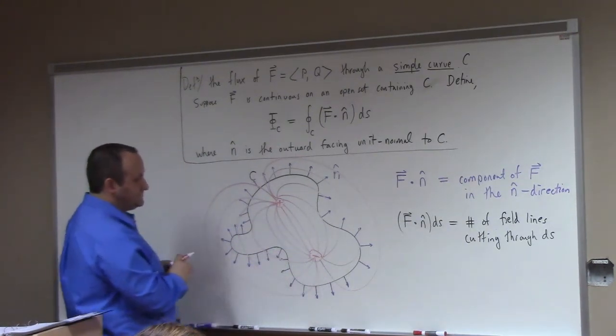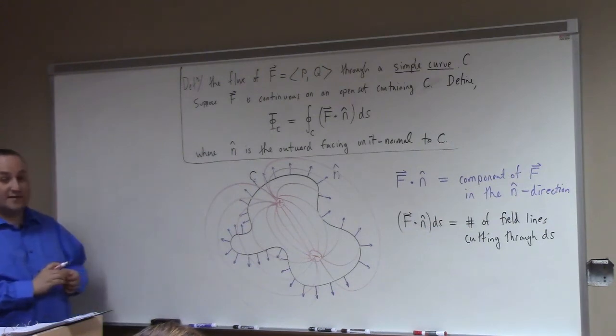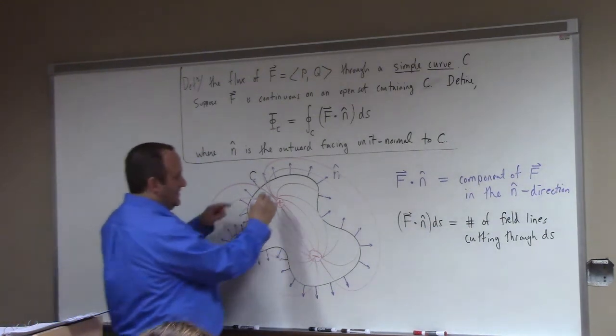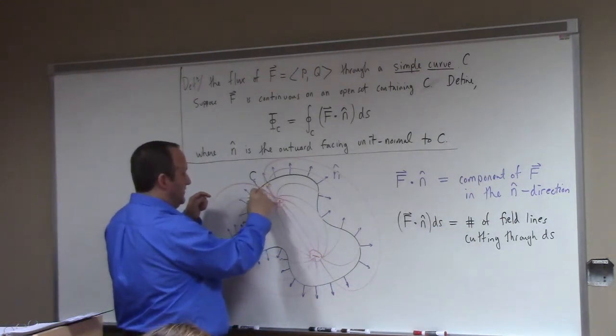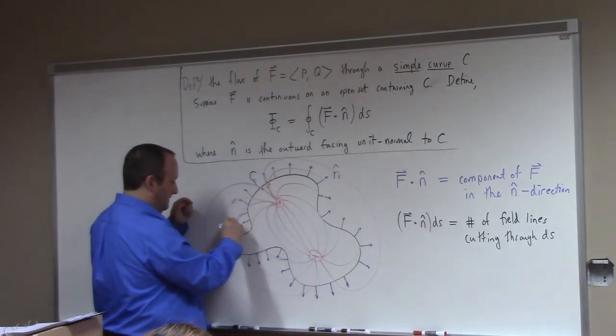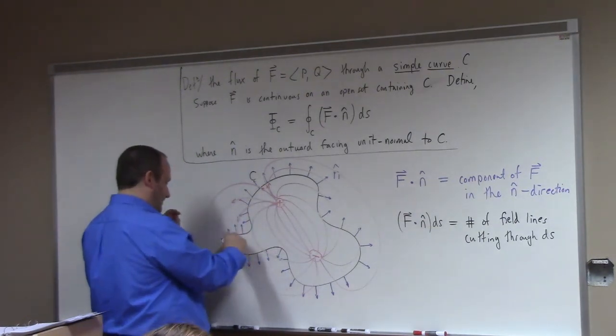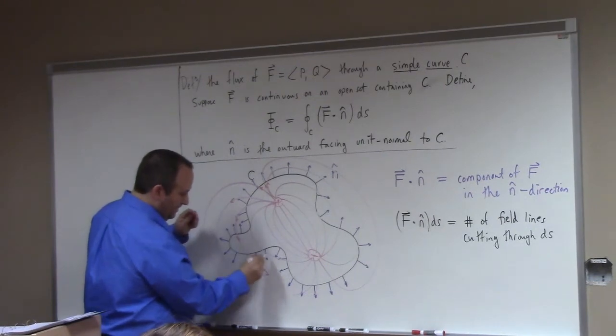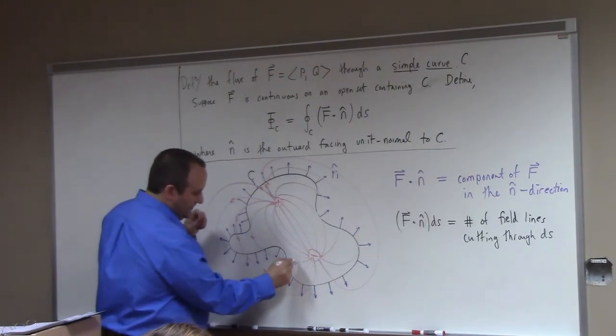Something like that. Now I've made a mess of it. But the point is, these field lines are going this direction. Let me draw some arrows in here to remind us of the direction.